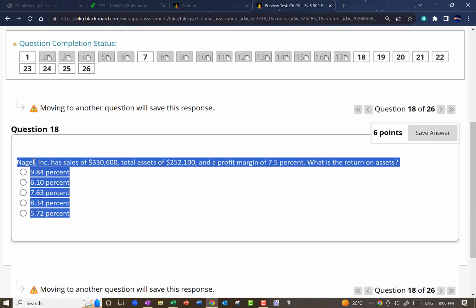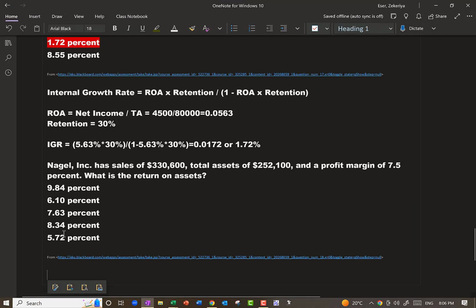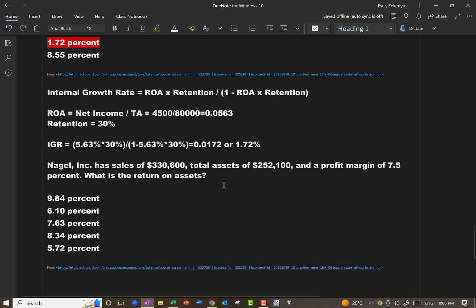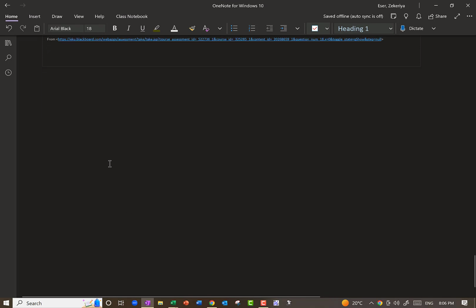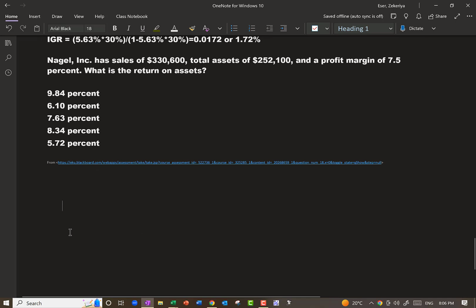Let's calculate this one. Okay, we know we want ROA, which is net income over total assets. Do we know net income? Are we given net income? No. Are we given total assets? Yes.